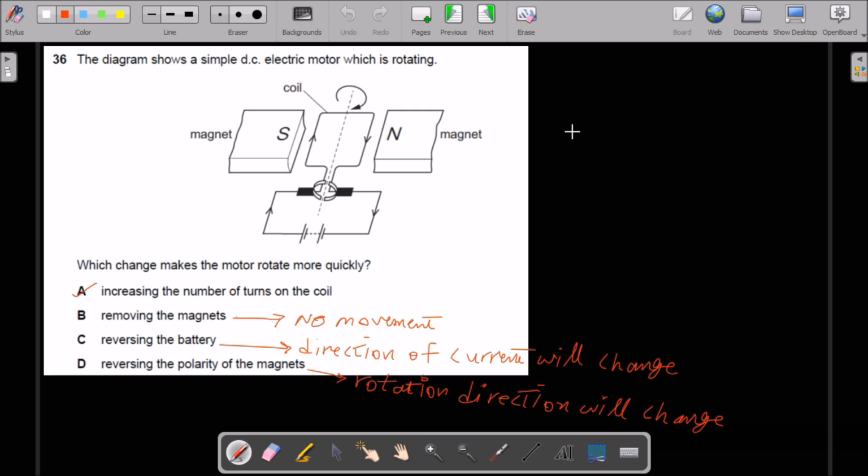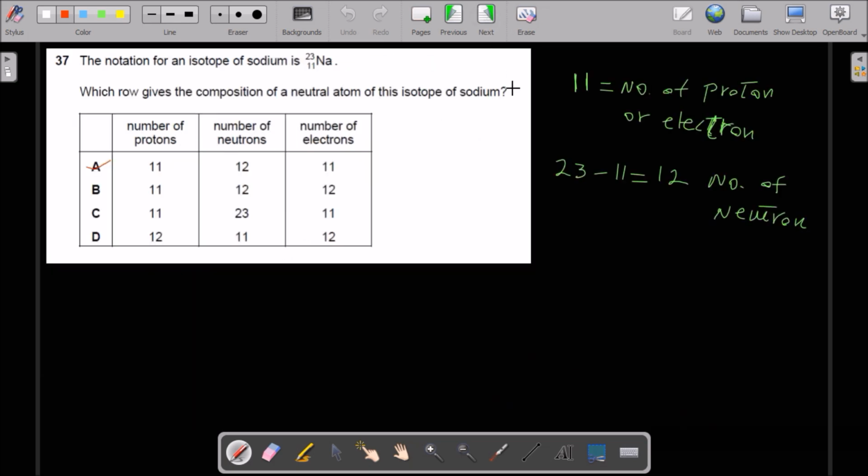If you reverse the polarity of the magnet, if you change north pole and south pole, then the rotation direction will change. That's why if you want the motor to rotate more quickly, you should choose A, which is increasing the number of turns on the coil, which causes more EMF. That's why the motor rotates more quickly. So A will be right.